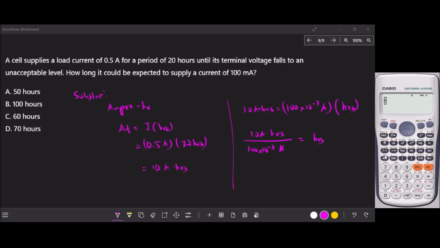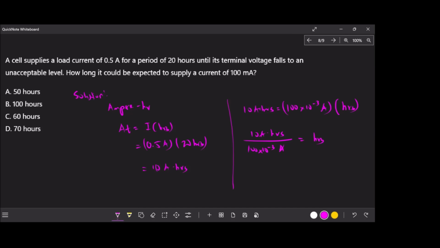This is 10 divided by 100 times 10 to the power of negative 3, which is equal to 100. So it will last 100 hours if it supplies 100 milliamperes.